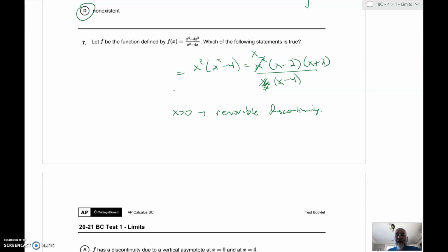But x equals 4, that's got issues. If you plug in a number really close to 4, like 4.001, then the top is going to be 4 times 2 times 6 with some decimal points, some number. But the bottom is going to be 0.001, because it'll be 4.001 minus 4.